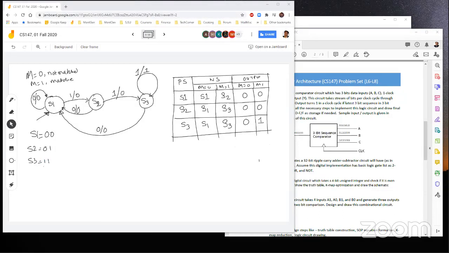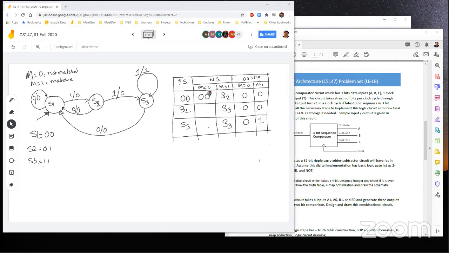So what I do here, then, I replace S1 with 0, 0. This is the next step, okay? We are replacing the literal from the table with its numerical or binary sequence. So all the S1 goes to 0, 0.